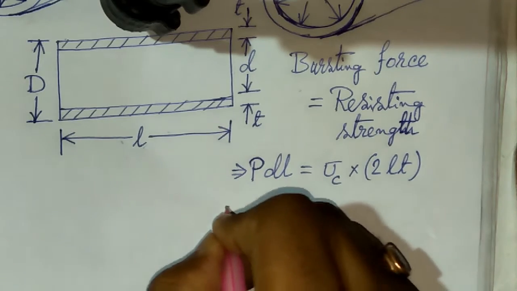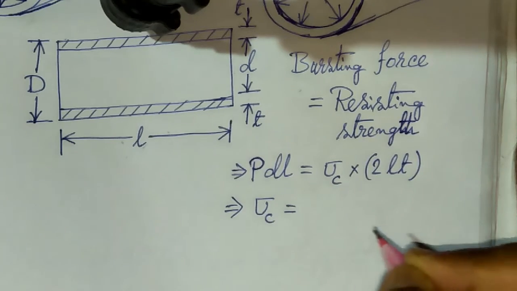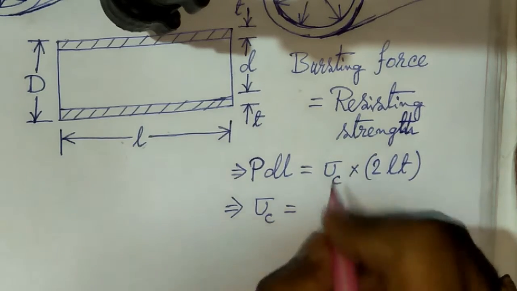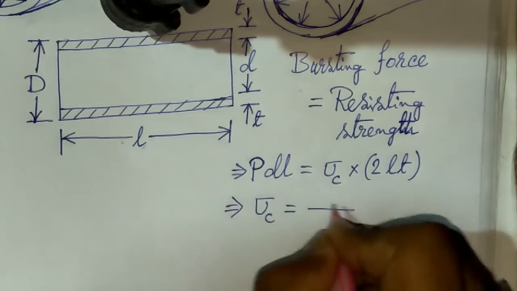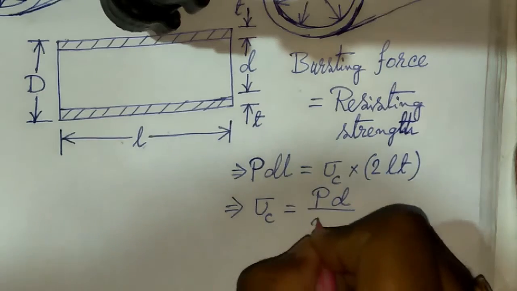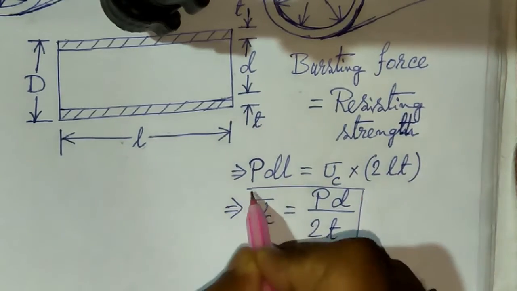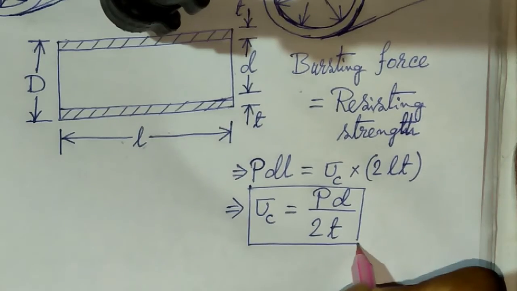Obviously that becomes the value of sigma c, the hoop stress or circumferential stress, equal to P into D by 2t. This is the value of hoop stress or circumferential stress.